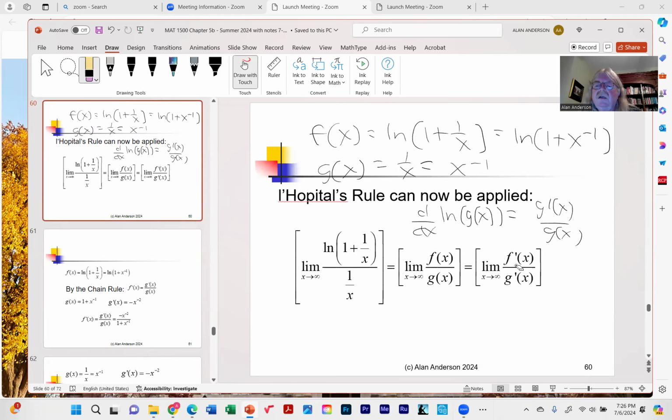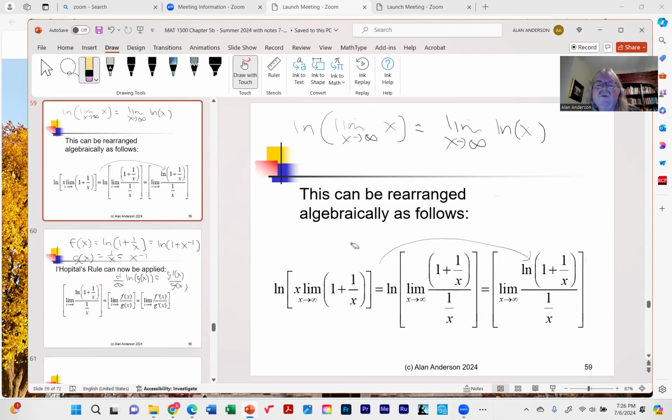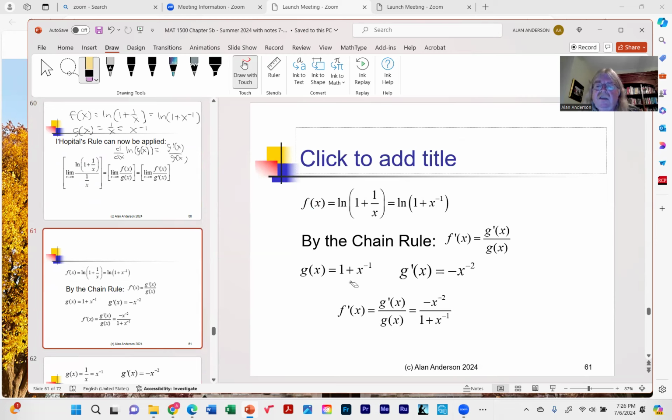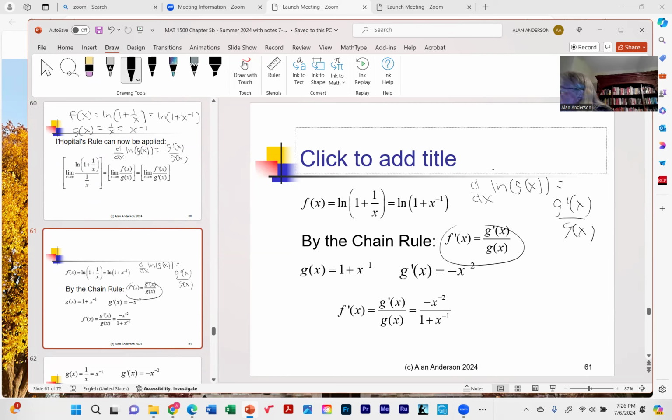If we have f of x is this log of 1 plus 1 over x, and we rewrite it like this, according to the chain rule for logs, for just this part of our original problem, this would be g of x.